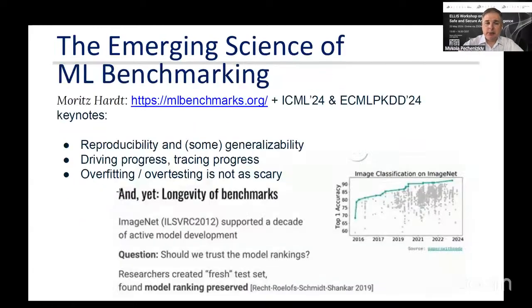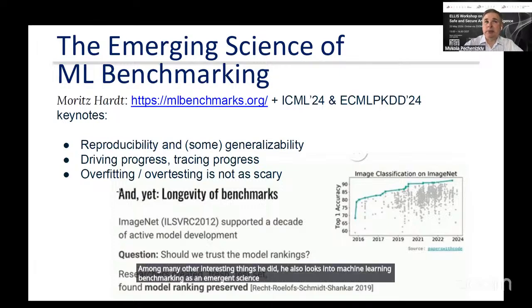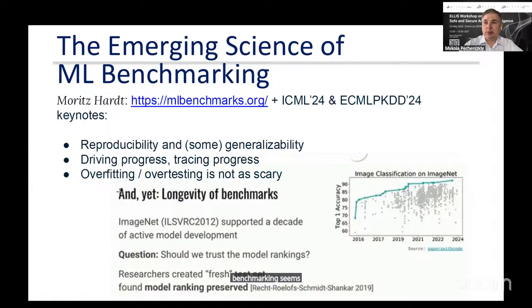I really appreciate the work of Moritz Hardt, who, among many other interesting things he did, also looks into machine learning benchmarking as an emerging science and tries to answer questions. Why is it so that benchmarking seems to be quite successful? The longevity of benchmarks is surprisingly huge.